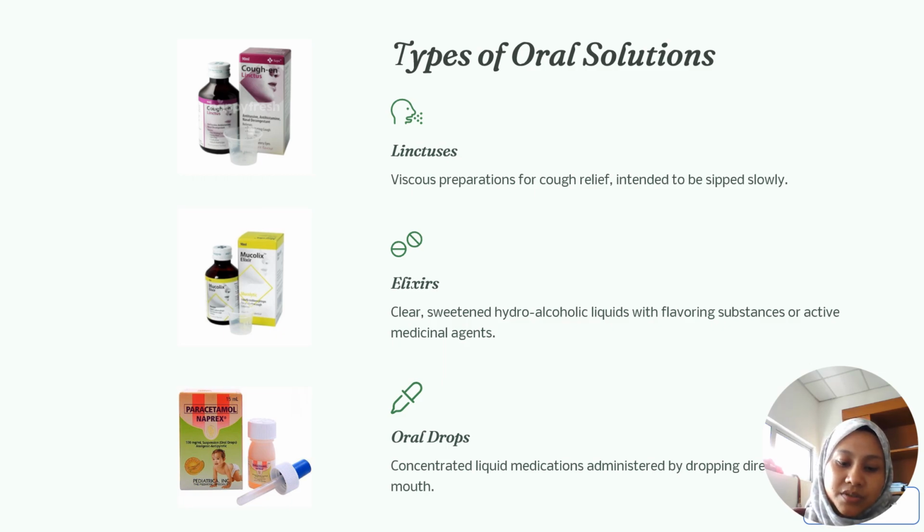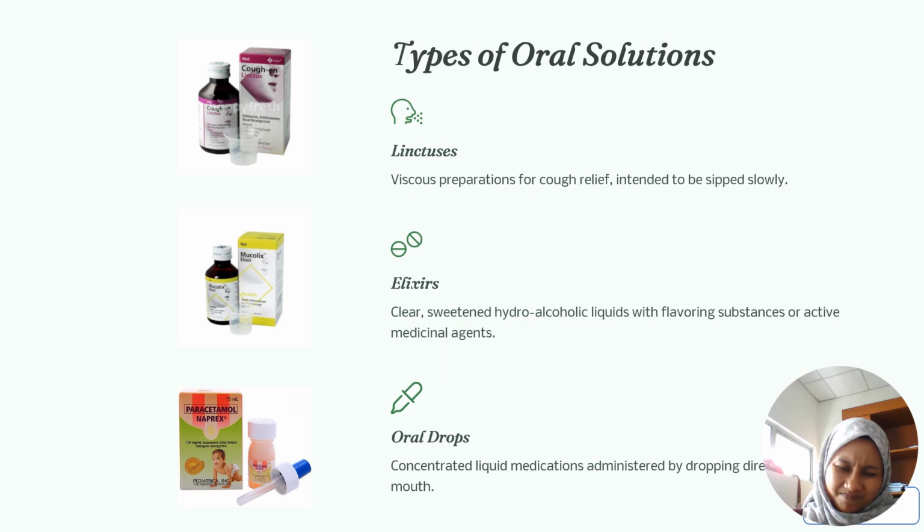Okay, just to make sure that irritation around the throat area is soothed out. Okay, and what about elixirs? Elixirs, most of the time they contain a higher concentration of alcohol as compared to the other types of oral solution. And oral drops, normally they are very concentrated liquid medication, used to administer a small amount of oral solution.